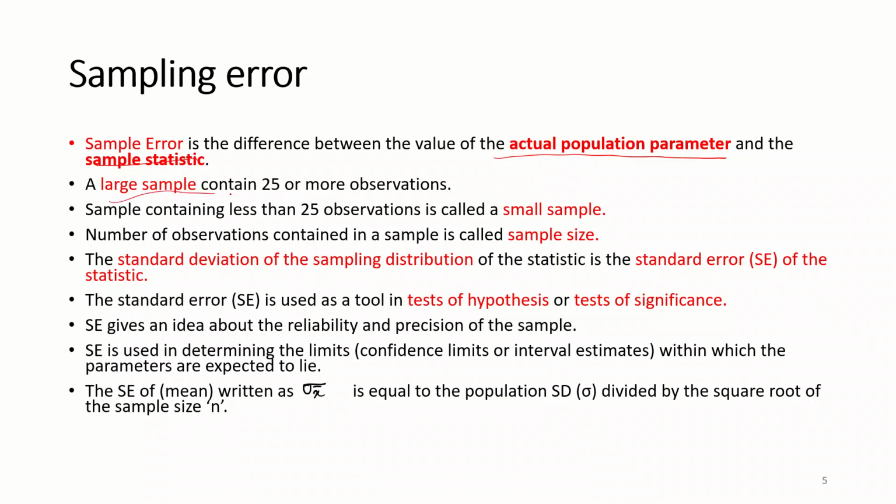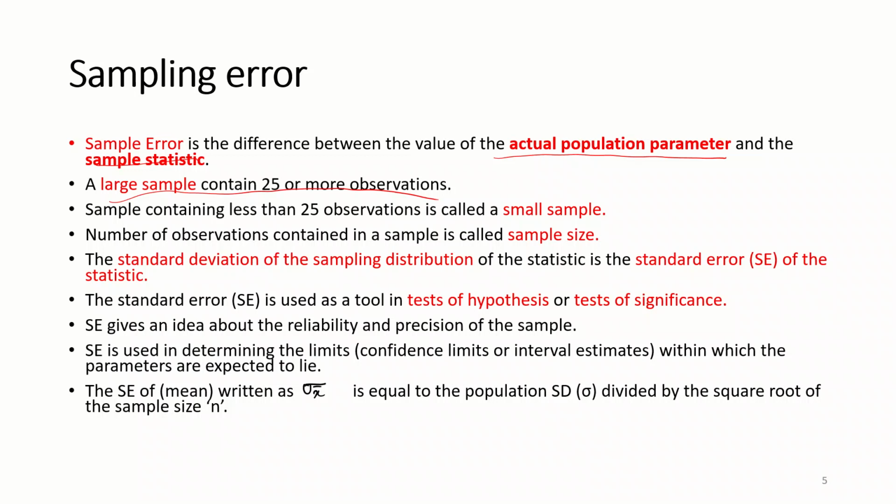A large sample contains 25 or more observations. Some books will say 25, some books will say 30. So it's kind of in that region. I do believe there is no strict boundary, but people usually tend to say around 25 to 30. So samples containing less than 25 observations are called small samples.